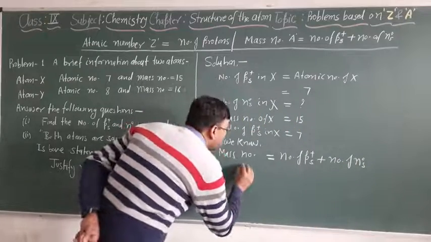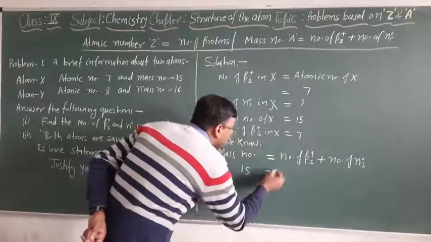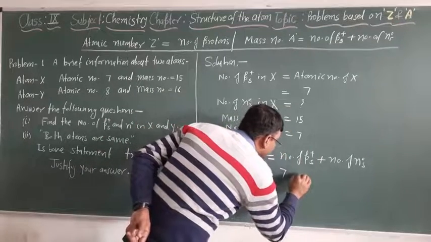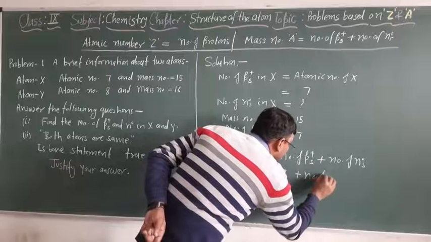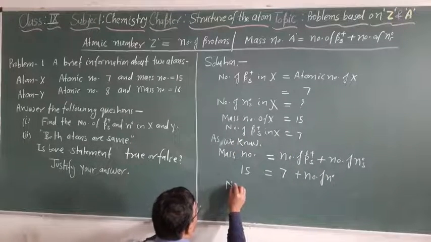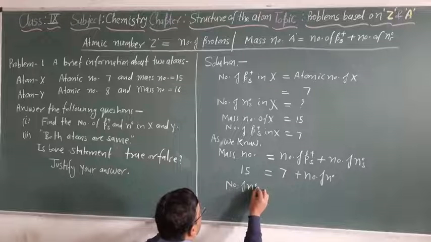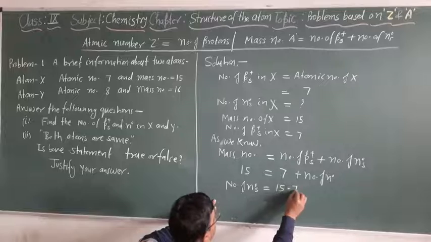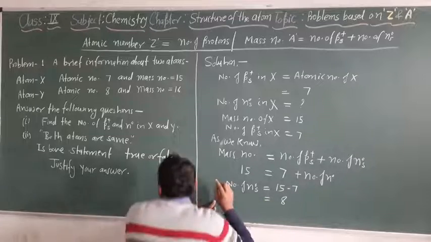So mass number 15 is equal to number of protons 7 plus number of neutrons. So we can write number of neutrons is equal to 15 minus 7 is equal to 8.